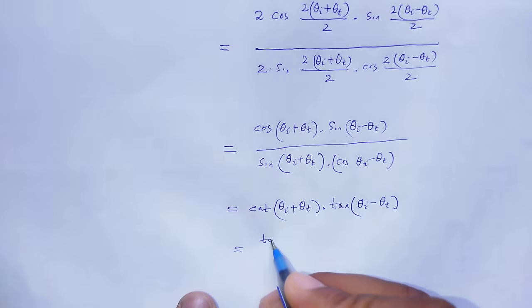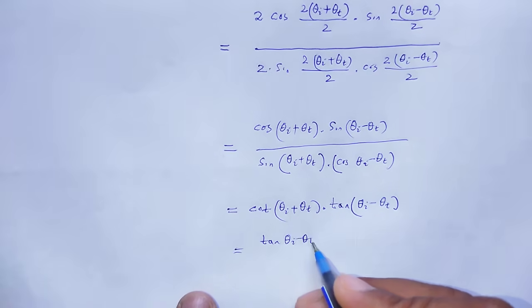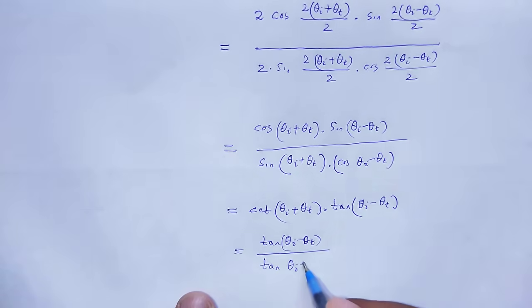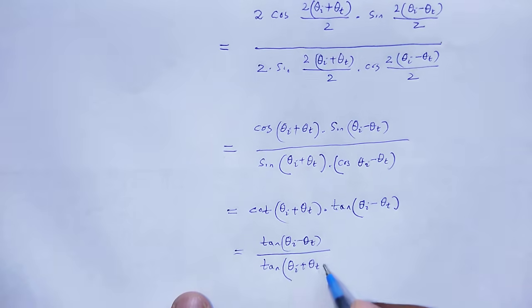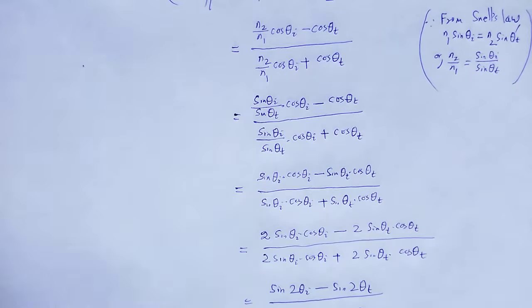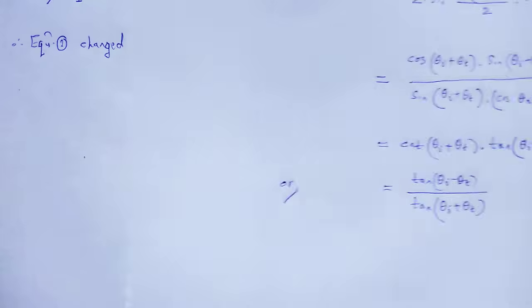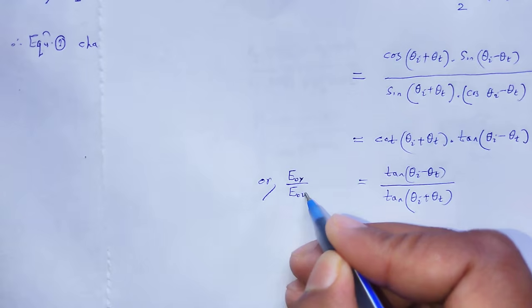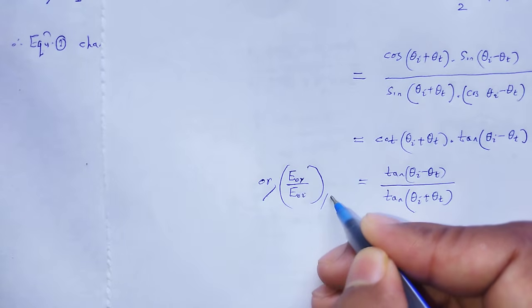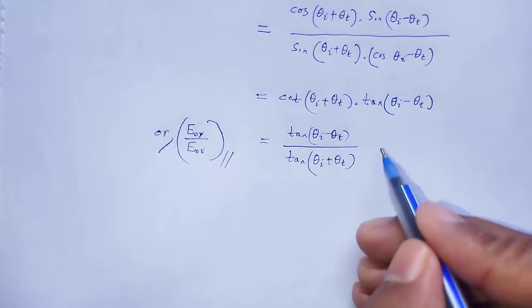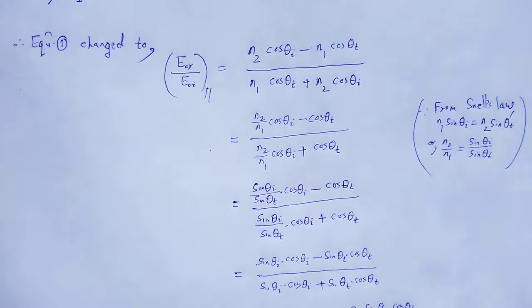So we get tan(theta I minus theta t) divided by tan(theta I plus theta t). What is that? That is the ratio of the amplitudes E0R to E0I when the electric field vector is parallel to the plane of incidence. Let that be equation number 3.